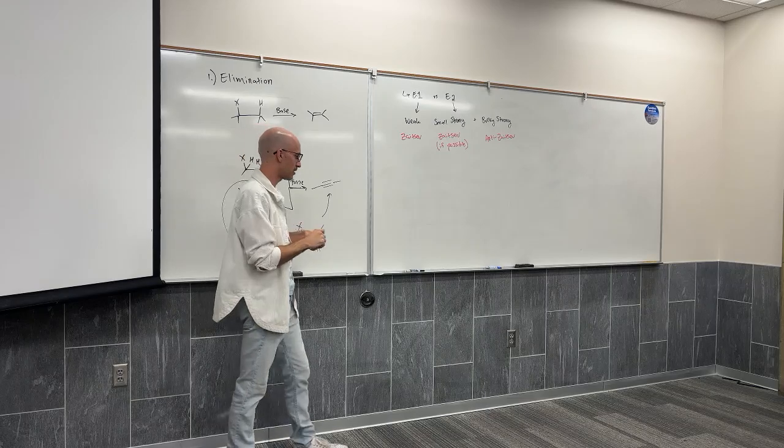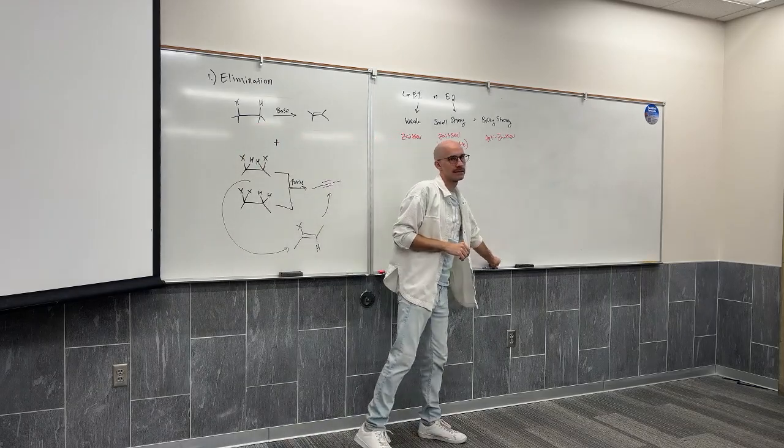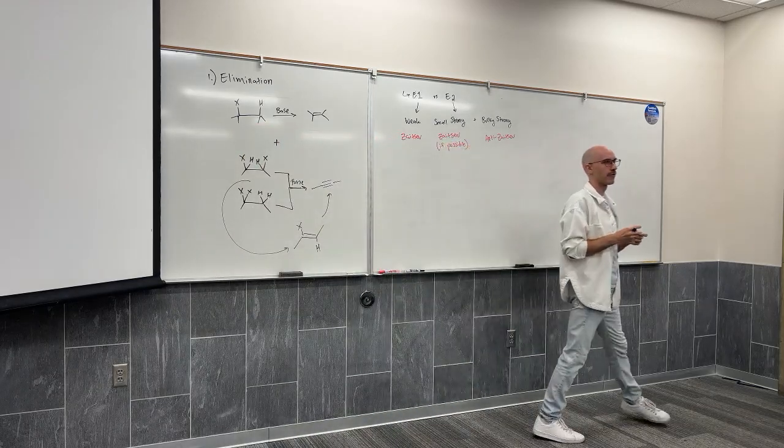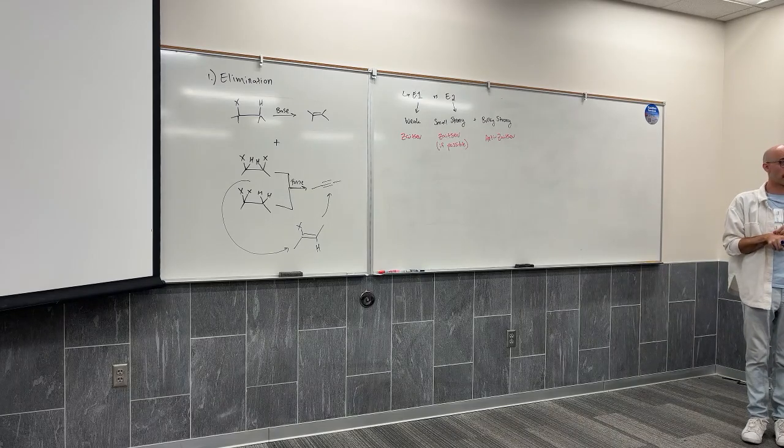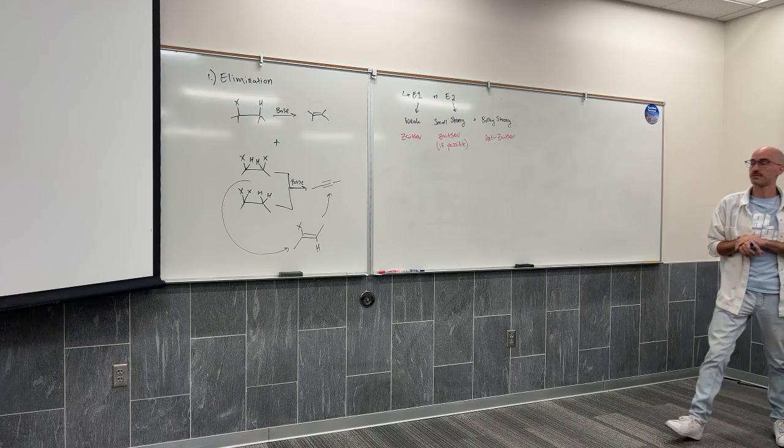Sometimes the stereochemistry doesn't line up for it. All right, so we're going to look at a few examples, and then we're going to move on to look at mechanisms.